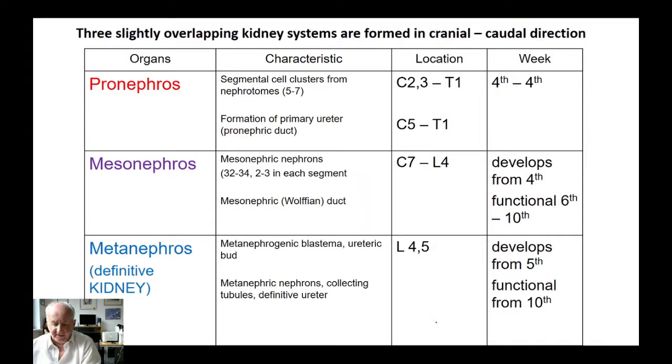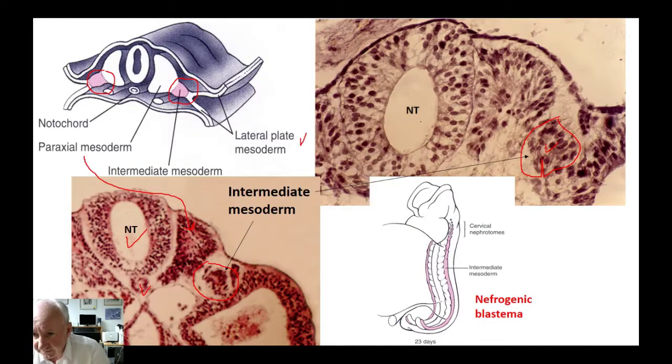The urinary system in a human is not developing immediately into a kidney, but you see that there are slightly overlapping systems which are developing in one direction from the cranial part to the caudal part, in this direction.